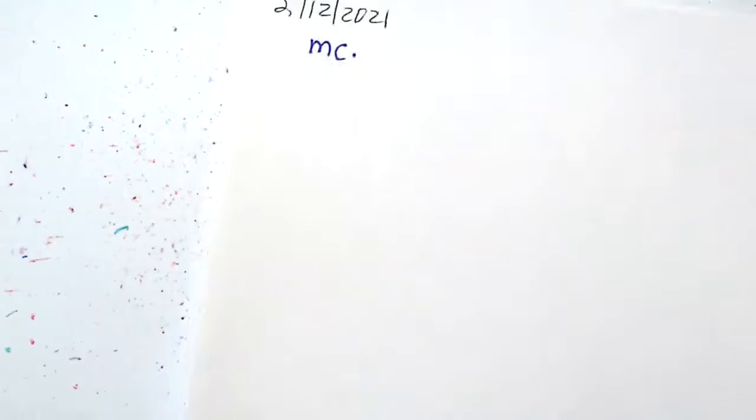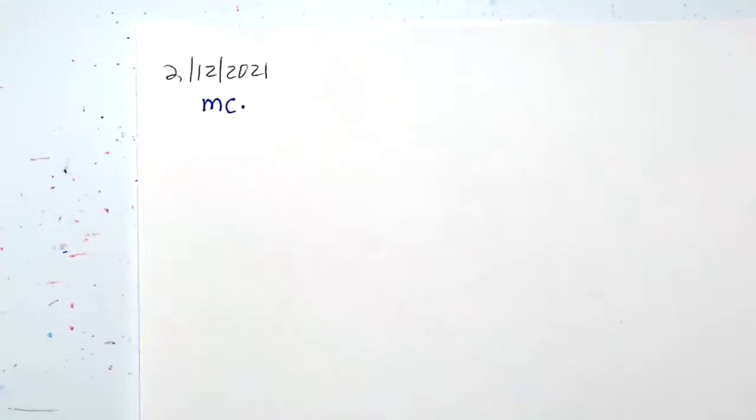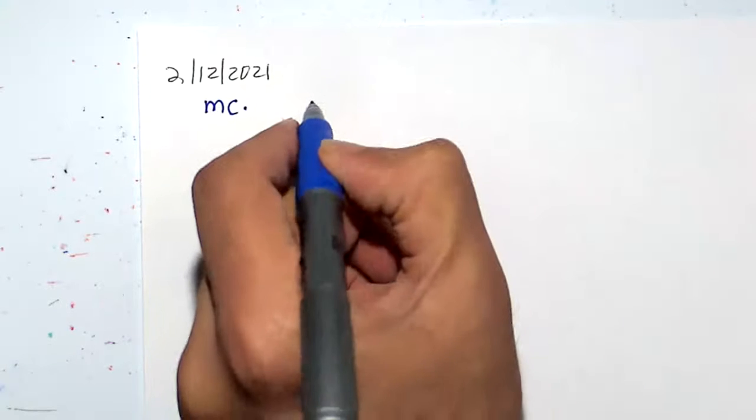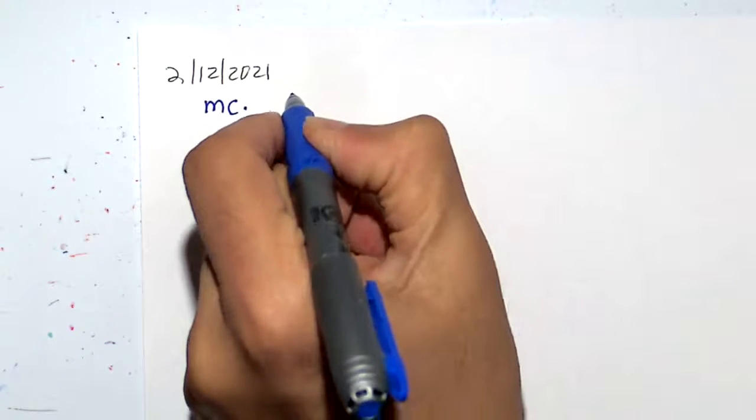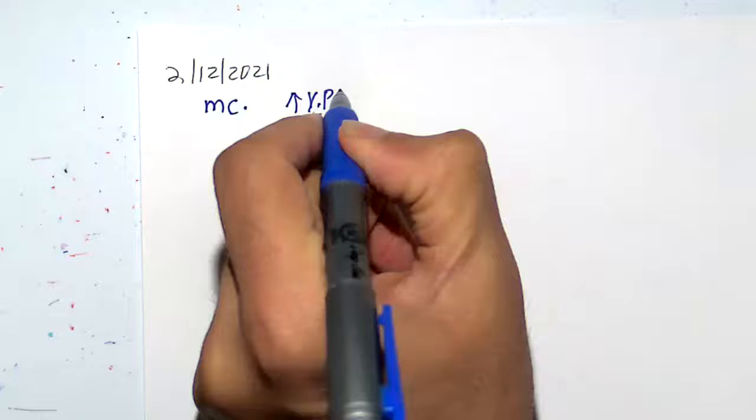First, let me go over the multiple choice portion of this exam that should be available on Monday. One of the multiple choice questions has to do with vapor pressure. So what do we know about vapor pressure? If you want to exert a high amount of vapor pressure, what does that mean in terms of your intermolecular forces?